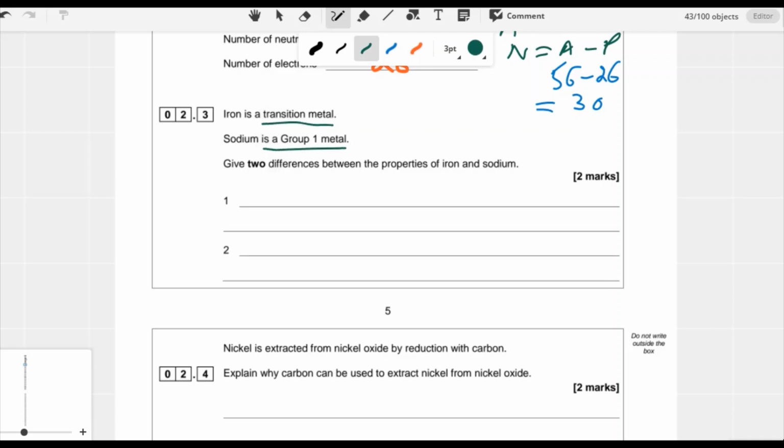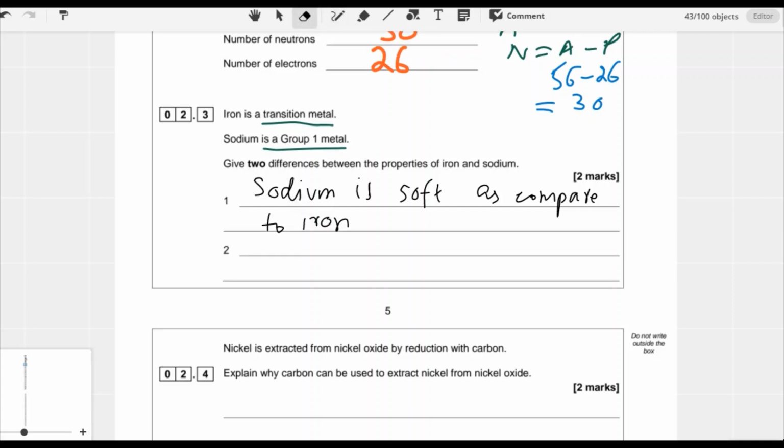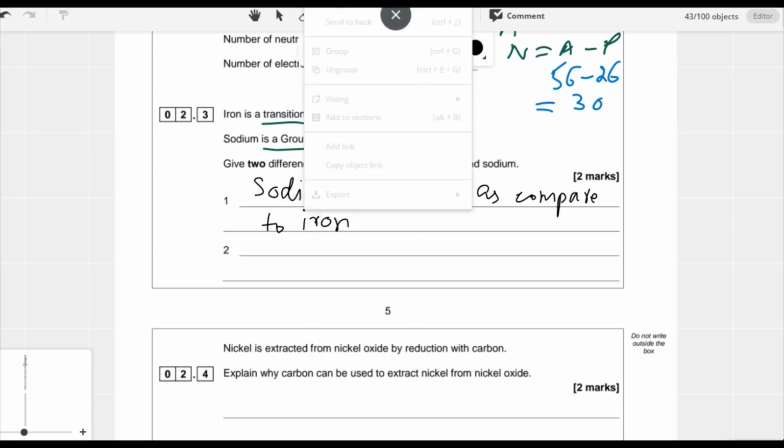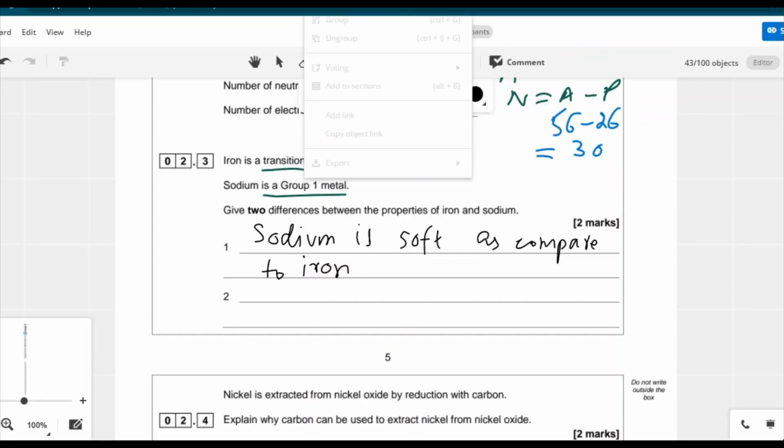So the first basic difference between the properties of iron and sodium is that sodium is soft as compared to iron.